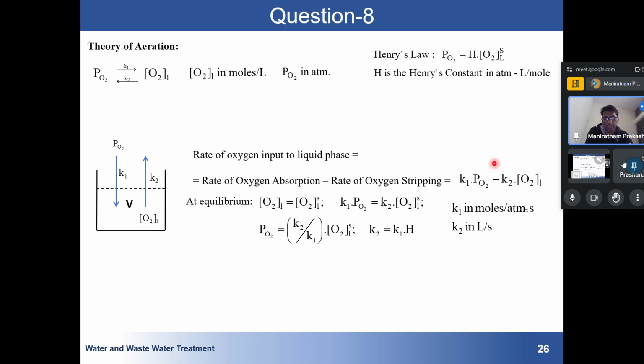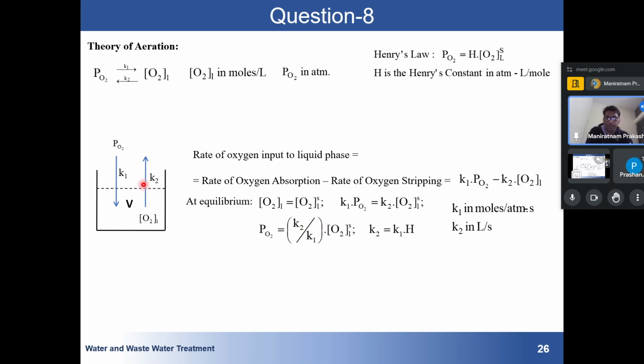I think this has been discussed in your lecture also. The rate of absorption will be K1 into P, the partial pressure of oxygen, and the rate of oxygen going outside the system will be minus K2 into oxygen in the liquid phase.